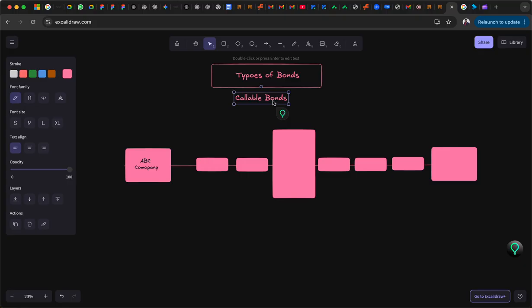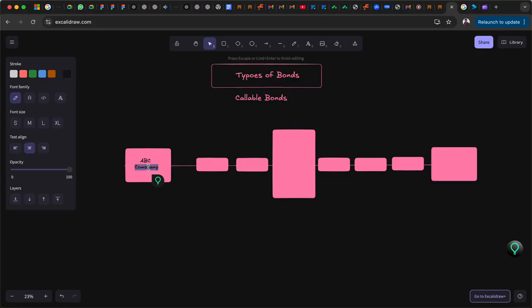Let's say ABC company raised 1,000 crores capital by issuing bonds in the market at a 10% rate per annum. And the other company, from the same line, has recently issued and also raised a similar amount, 1,000 crores from the market. See, look at the figure. 10% on 1,000 crores would be around 100 crores as an interest payment liability, right? So that is what ABC company is paying to the investors.